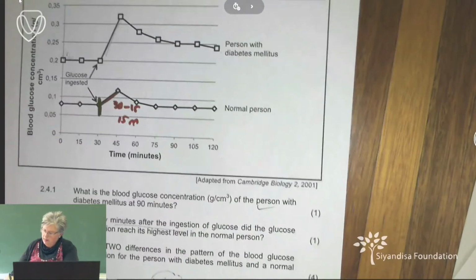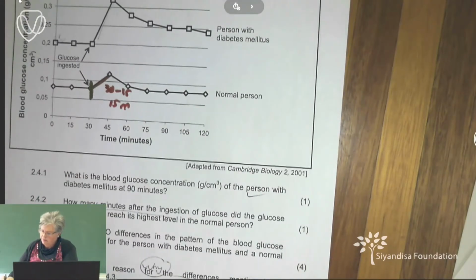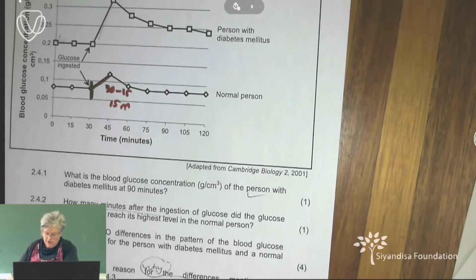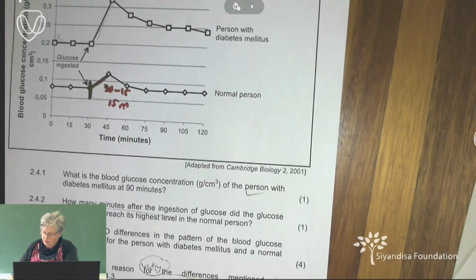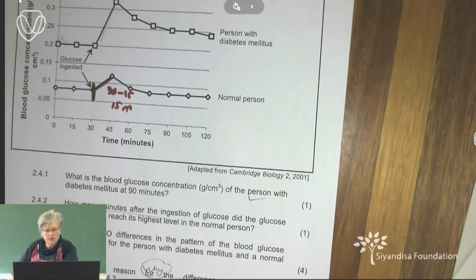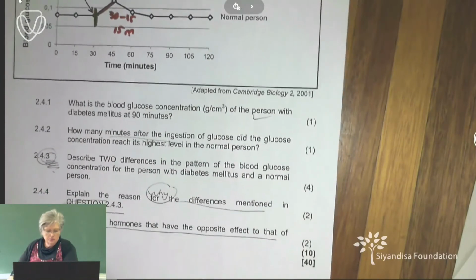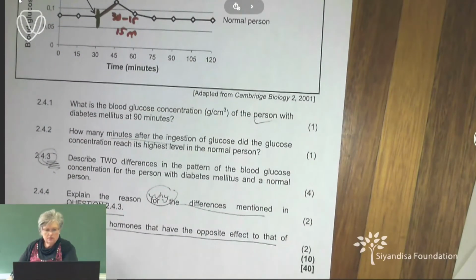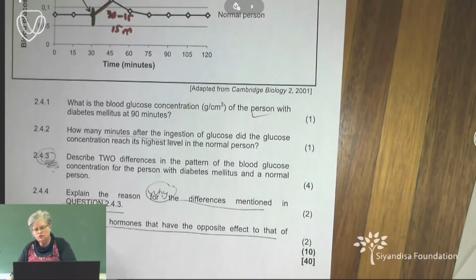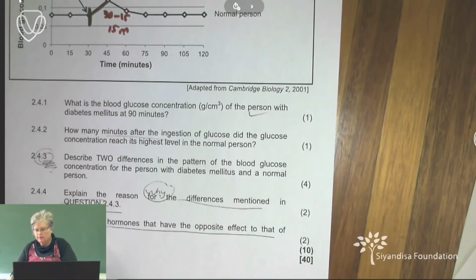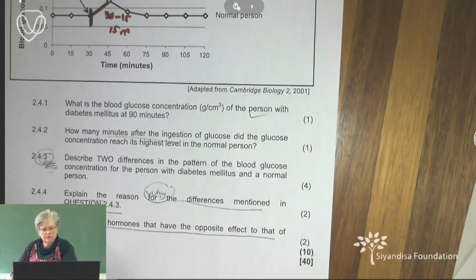Okay? Name 2 hormones that have the effect that is opposite of insulin. First hormone is glucagon. Glucagon and insulin work together hand in hand to make it lower. But what is the other one?